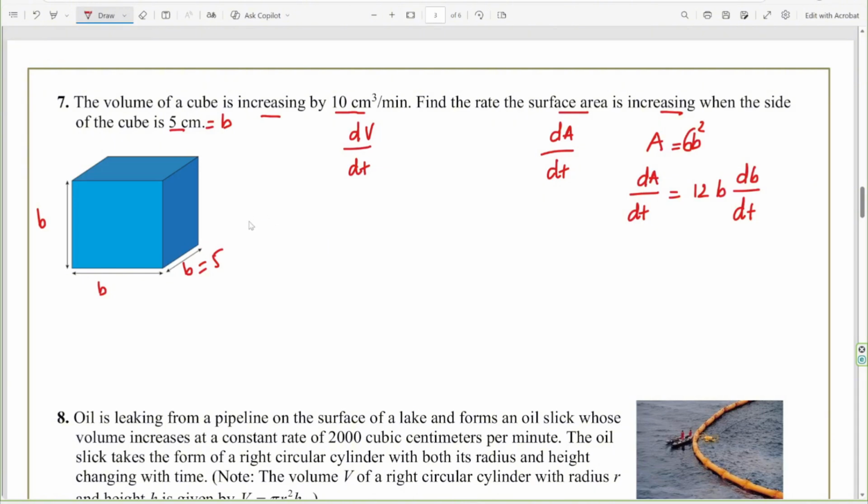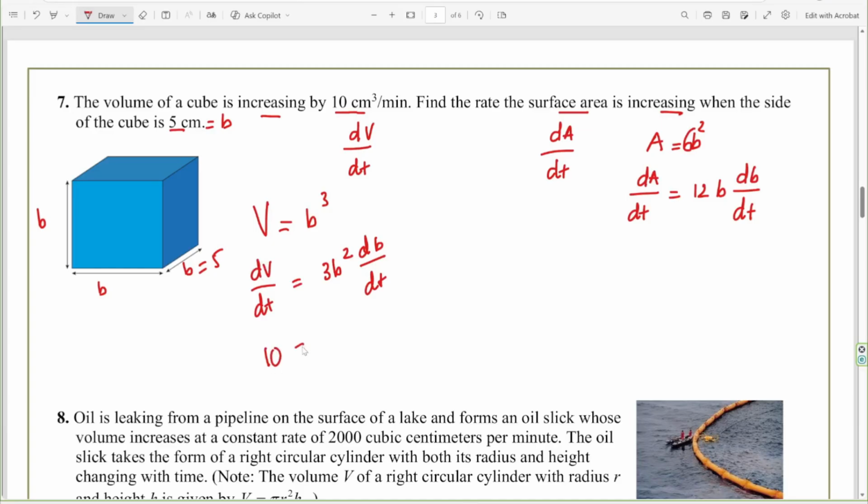So we need to use the volume formula to calculate dB over dt. The volume of the cube equals b cubed. Take the derivative of both sides with respect to t. So we have dV over dt equals 3b squared dB over dt. Now we substitute dV over dt equals 10 right here.